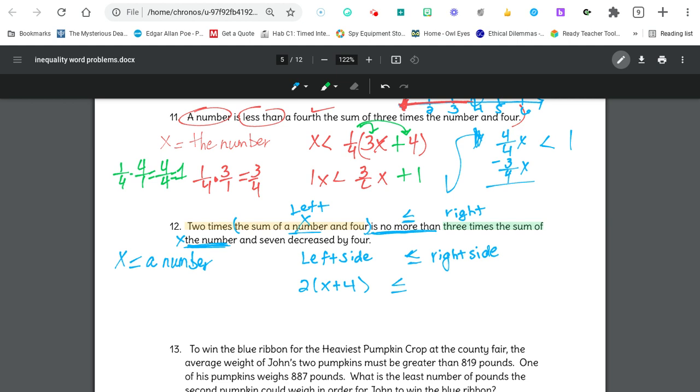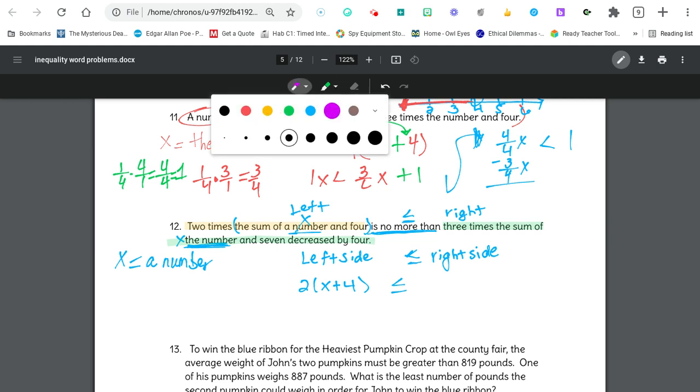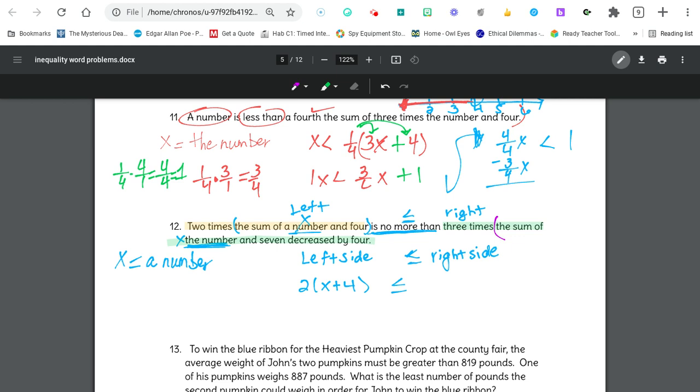So sorry. It's okay. 3 times the sum of a number and 7 decreased by 4. So 3 times some sum. So here's my sum: the sum of x and 7 decreased by 4. The "and" part tells you what you're adding.